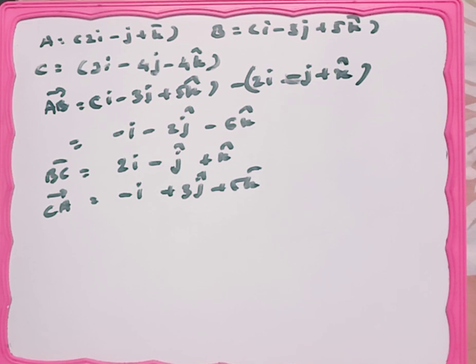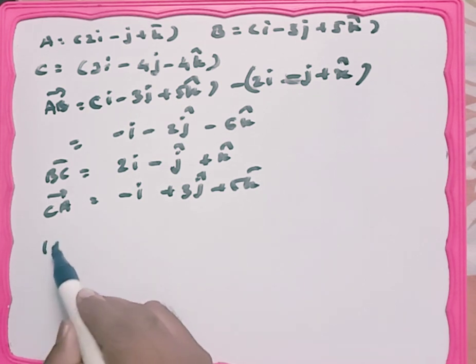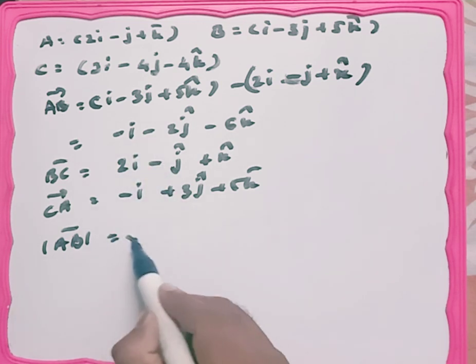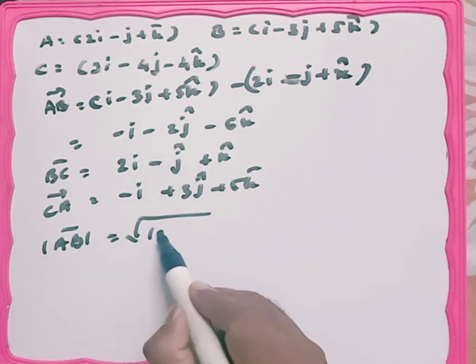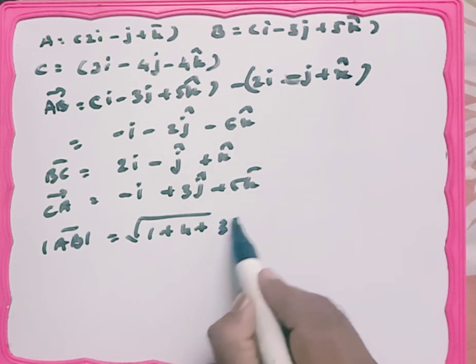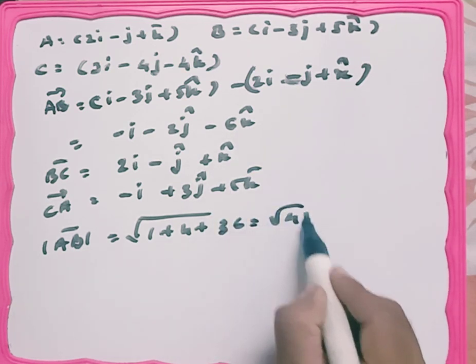And so we find the magnitude of AB. Then 1 square is 1, plus 2 square 4, plus 6 square 36, which is root 41.